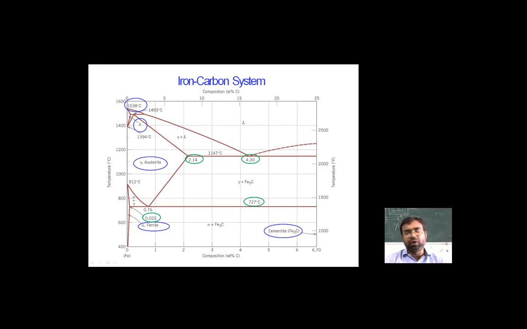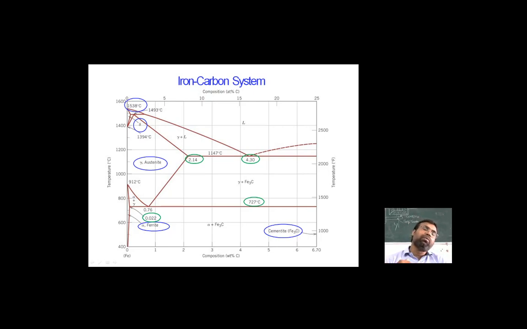So that alpha ferrite, as we talked about, possesses the BCC structure at a very low temperature, and moving above that, we reach a temperature of 1147 degrees centigrade, where it transforms into the gamma austenite, where it loses its structure and is converted into the FCC, and is non-magnetic.